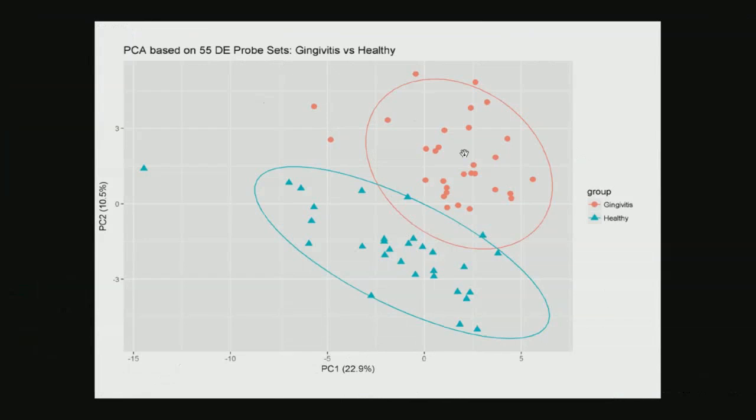And then, just as a demonstration, I plot the principal component analysis plot. The blue color is healthy control and the salmon color is gingivitis. As you can see, based on these 55 differentially expressed probe sets, we can see two clusters.